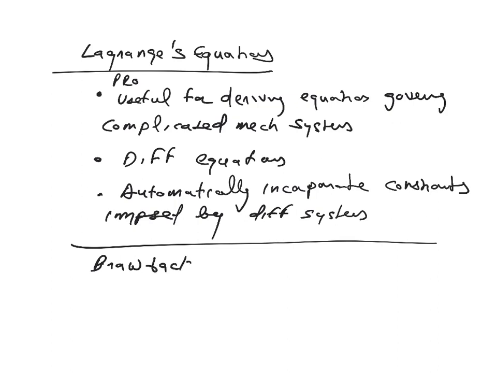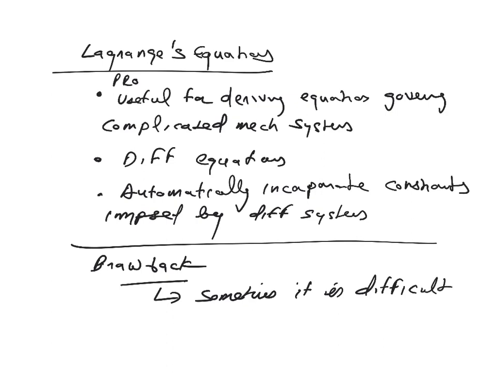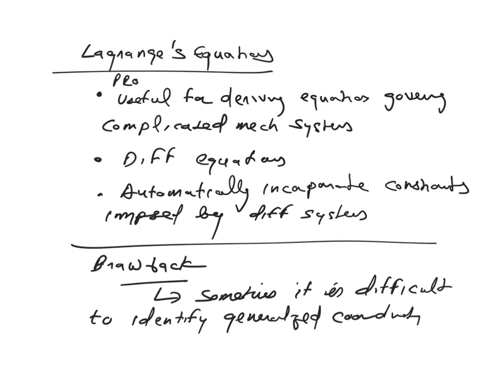So the drawback is sometimes it is difficult to identify generalized coordinates. Okay, so that's the drawback of it.